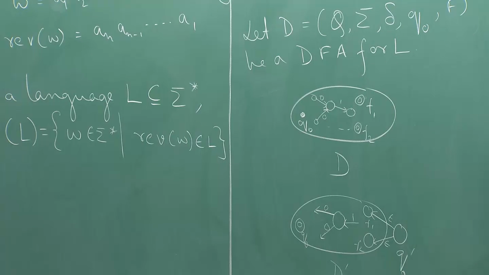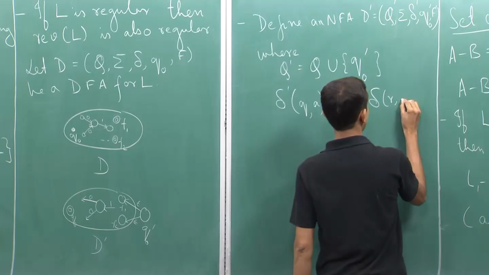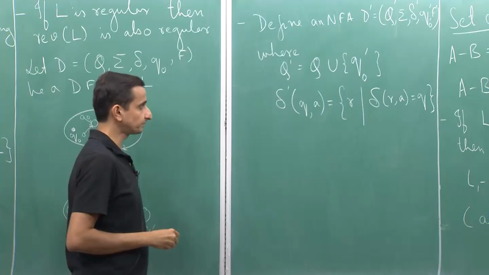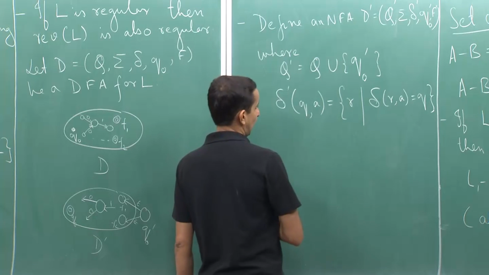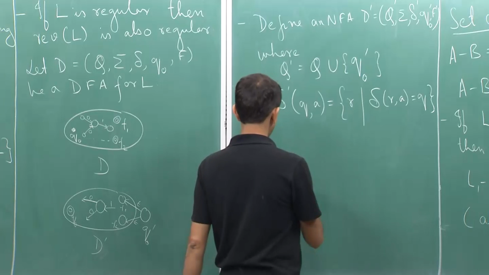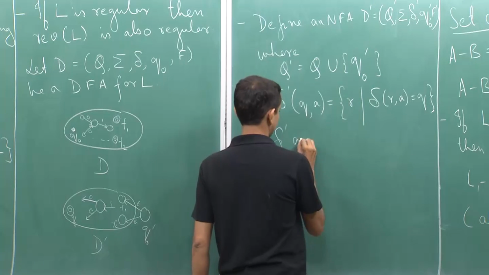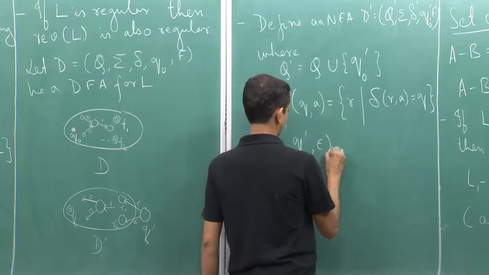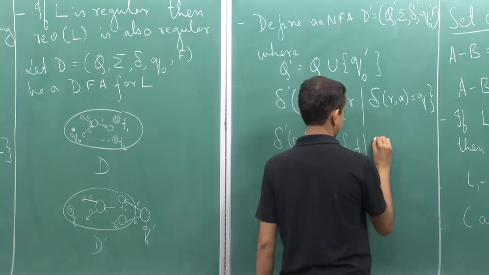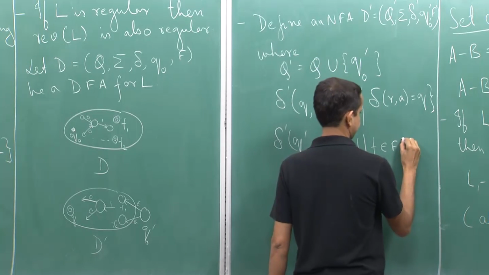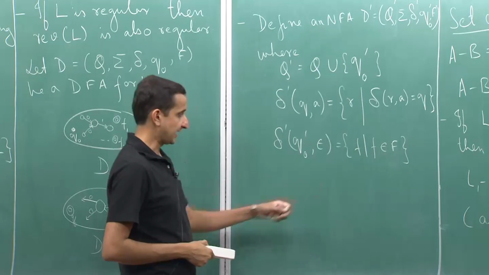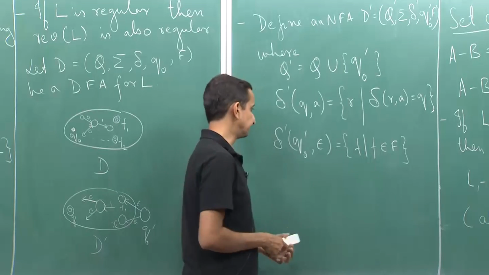So, all those states R are such that delta of R comma A had taken me to Q. Okay. And I also need to add a transition corresponding to this Q naught prime. So, delta prime of Q naught prime on epsilon should take me to all states F such that F was an accept state in the DFA D.